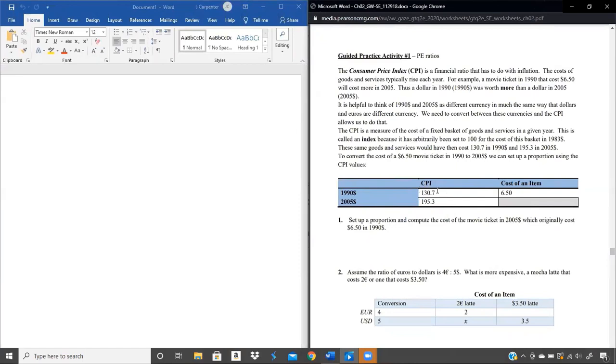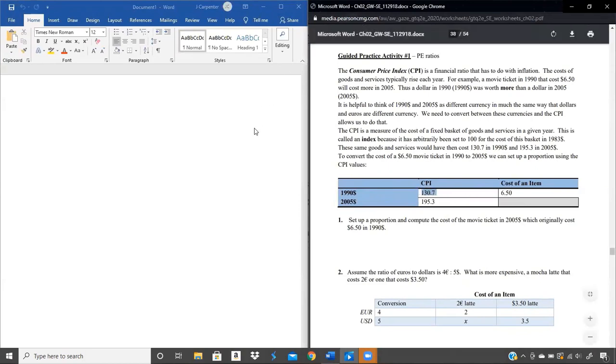These values have the same idea behind them as saying it's $4 to get 5 euros. It's not exactly that, because you're not going to get $130.7 converting between these two. This would be converting back to whatever year the CPI was 1.